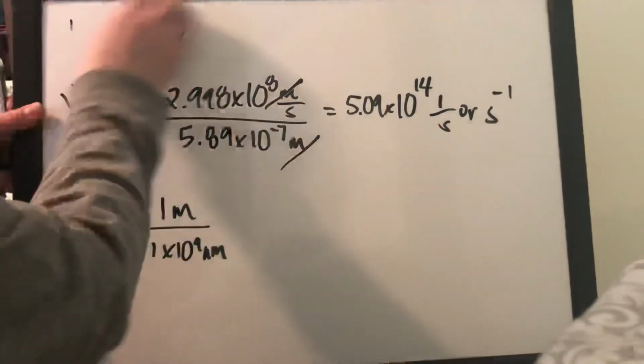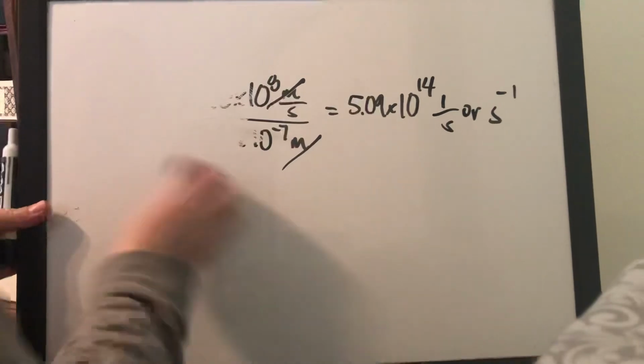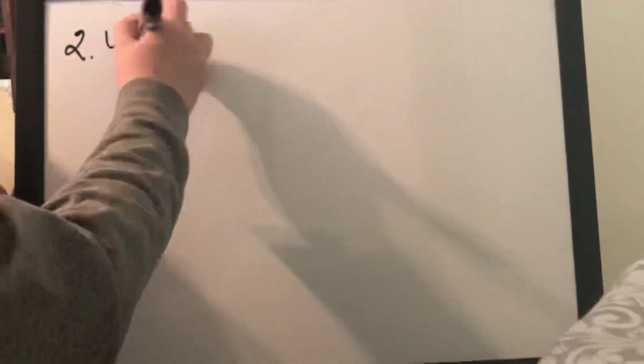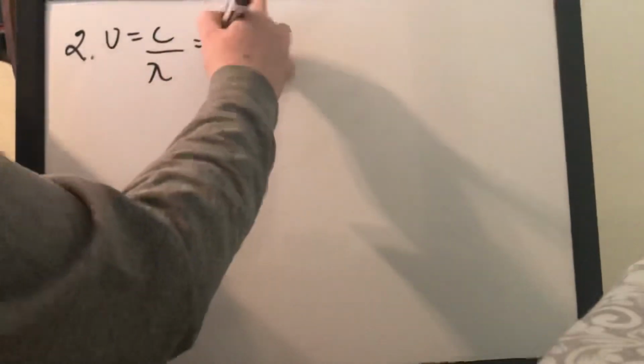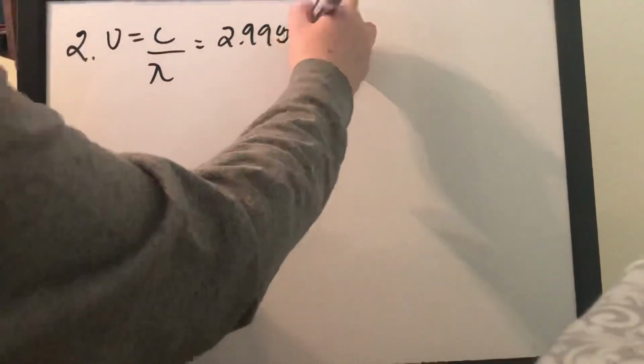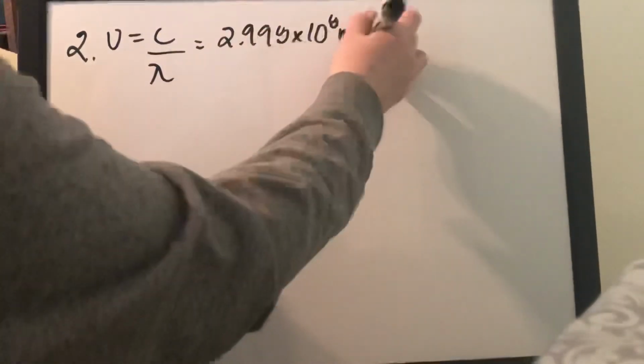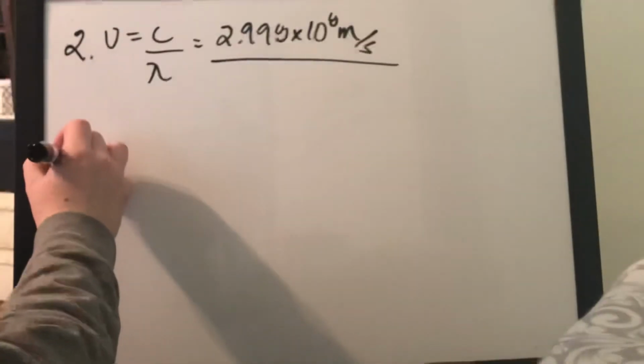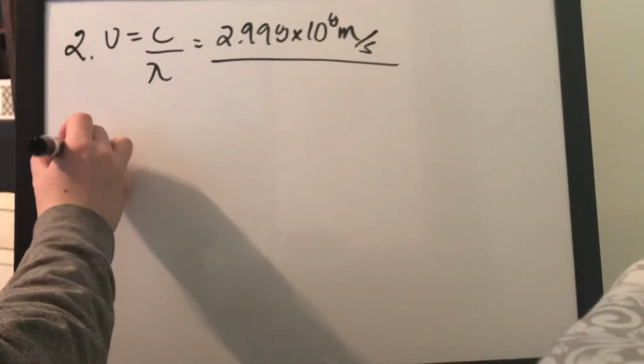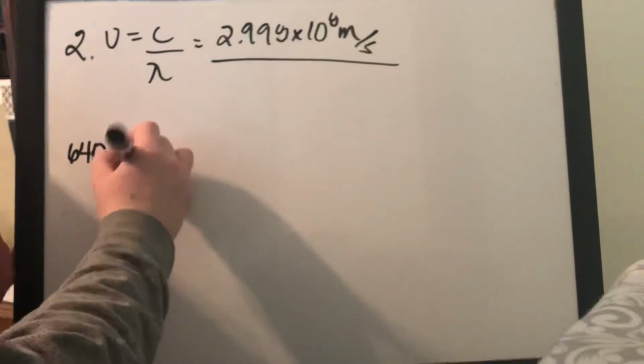All right, answer to number 2. Let's see, a laser used in surgery produces radiation with a wavelength of 640 nanometers. Calculate the frequency. So again, I'm asked to find frequency. Frequency equals C over lambda. This is the same type of problem. Speed of light. Okay, you're given a wavelength in nanometers.